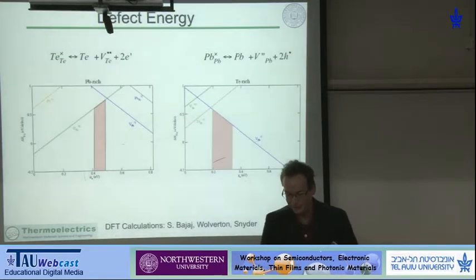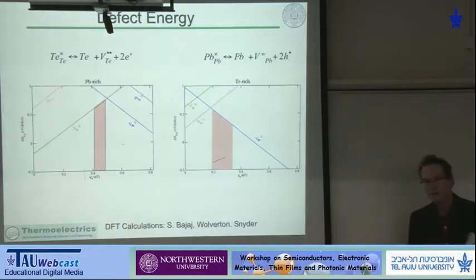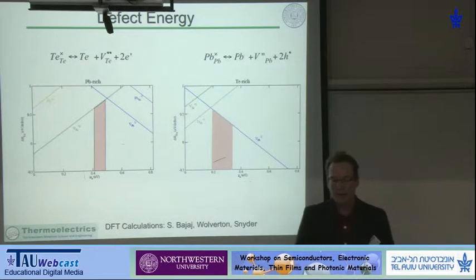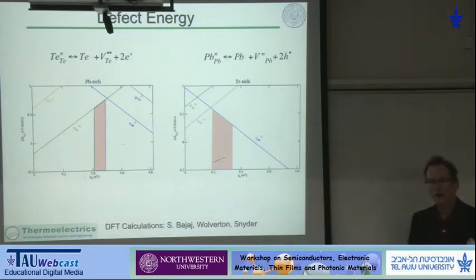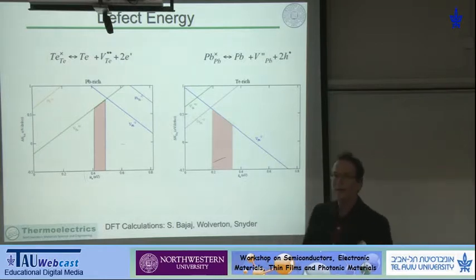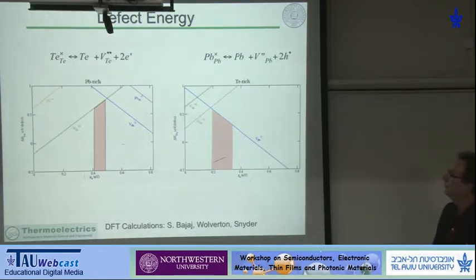the number of defects. Now, it's really difficult to measure those small defect concentrations chemically, but we can measure it with the Hall carrier concentration, and now today we can calculate them from first principles defect calculations.